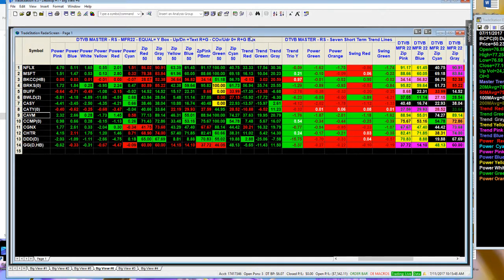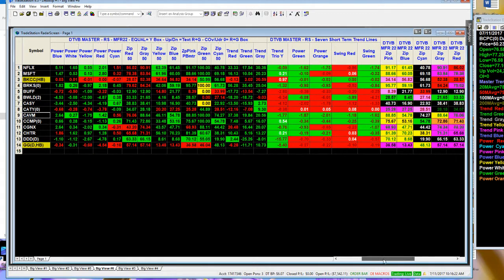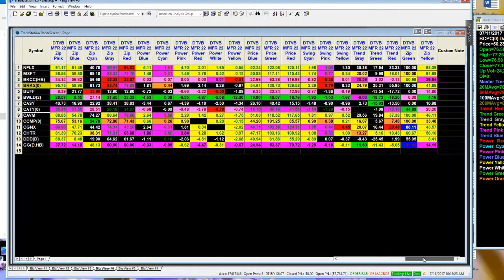And so I chose to do it this way here, but it's basically a general radar screen column grid system that will give you those indicators that are equal, obviously those indicators that are up or down with the text, and the crossover indicators. And so the crossover being a green box and the cross under being a red box. Excuse me. And so there's just a lot of information that can be gathered here.